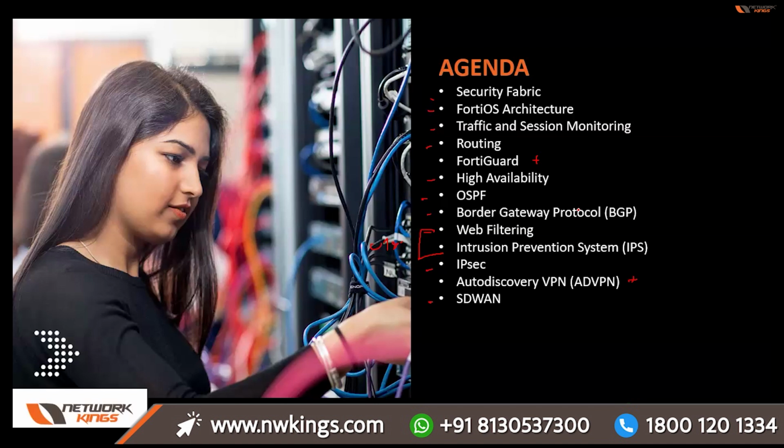Okay, and let me tell you one more thing. When it comes to security fabric, there is no troubleshooting as such that you have to do because it's a very simplified function, which simply needs only one thing, that you give the firewall the reachability to that device. That's all. So if I'm able to reach my FortiManager, for example, my firewall can simply establish the connection with that device.